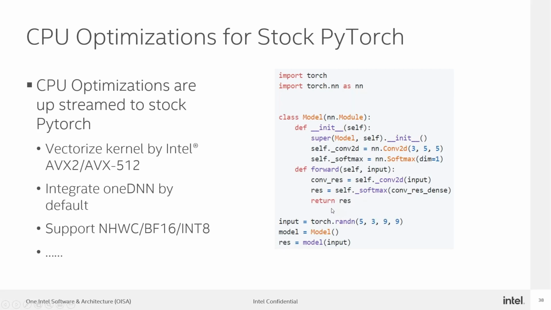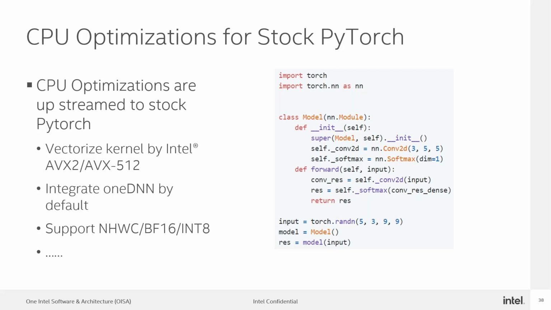When we do the inference, we first need to get the input data, then we instantiate this model class, and then we put this input data into this model and get the final result. So this is the default usage pattern of PyTorch.